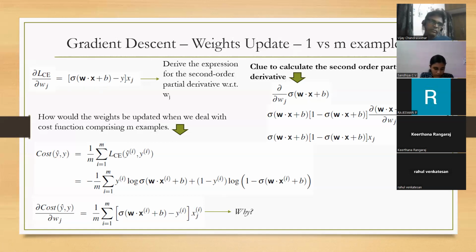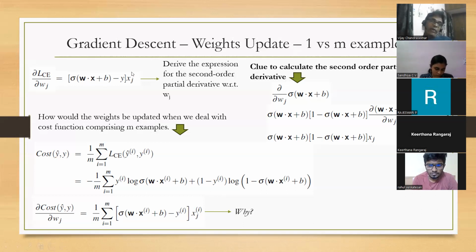With respect to w, of course. We know how to calculate the partial derivative of this expression, which is nothing but y hat into 1 minus y hat times xj, correct?